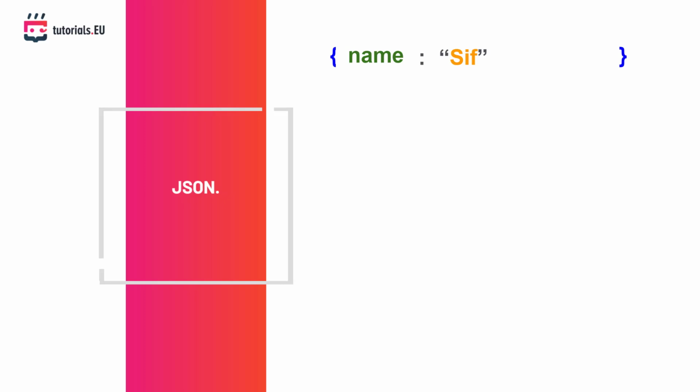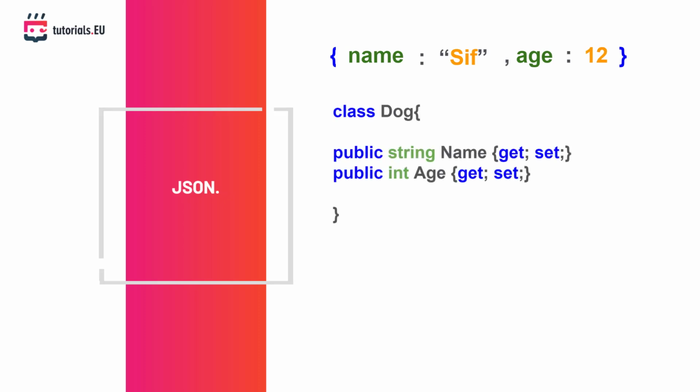So we have the name of Civ, and if we want to add more data, we then separate it by a comma and add the additional data. In this case, the age, which is set to 12. So in C#, this object will then translate into two properties, a name and an age. So this would be an example here.